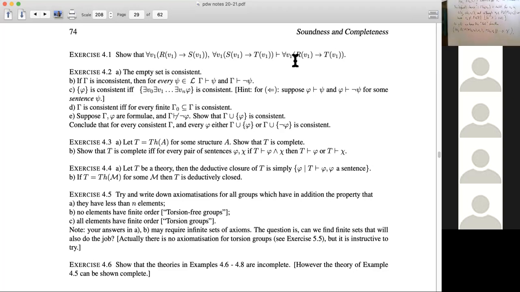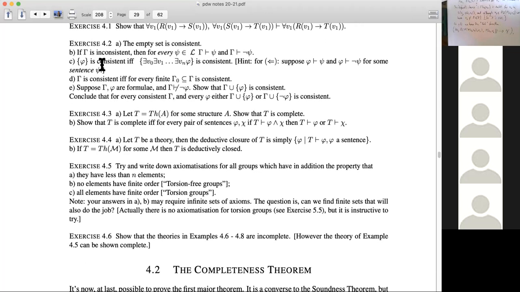Show that one can deduce, I mean, this is like saying if all men are mortal and all mortals are something else, then all men are something else. So again, I'm not entirely sure why I put this here. This could have been in the last section. But more relevant to this section is 4-2 to 4-6 here.